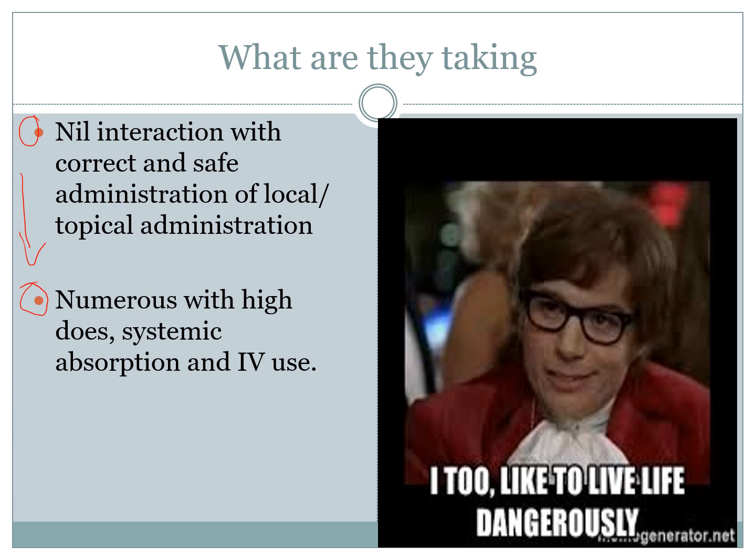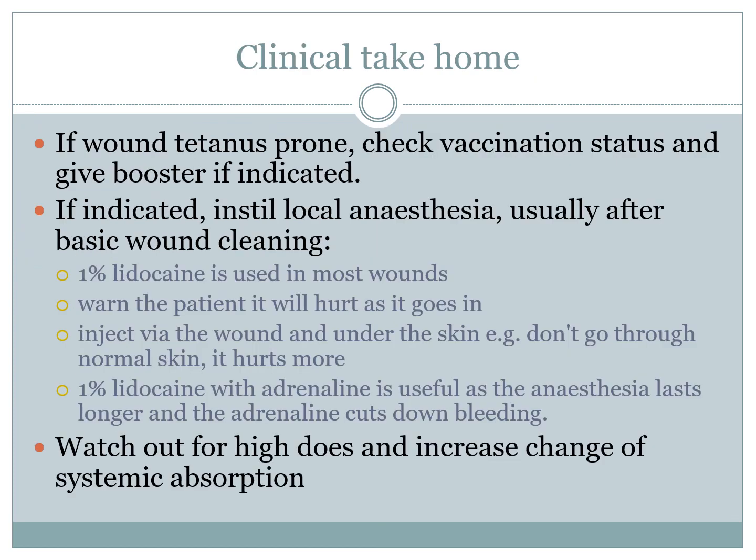Now, finishing up with a few clinical take-homes, when you're doing local anaesthetic, so when you're getting ready for suturing or to excise a boil, you need to be aware that certain types of wounds come with particular risks. One of those risks is tetanus, so always check the vaccination status. We also need to be very careful of bats in particular and other animal bites.